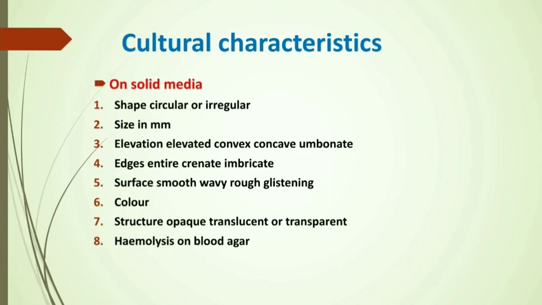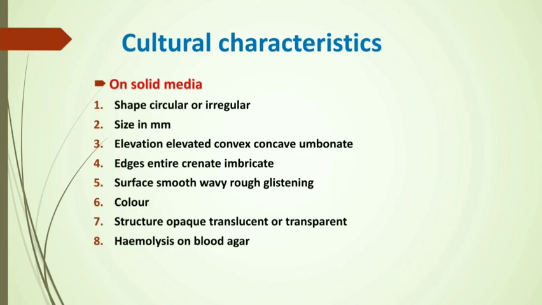Then elevation of colony includes elevated, convex, concave, umbonate. Edge may be entire or crenated. The surface of a colony may be smooth, wavy, rough, or glistening. Then color or pigmentation. Due to pigmentation, bacteria can be divided into fermenting and non-fermenting groups.